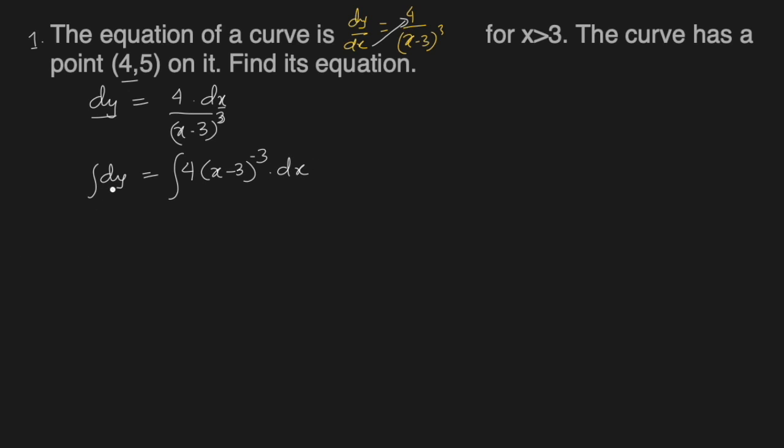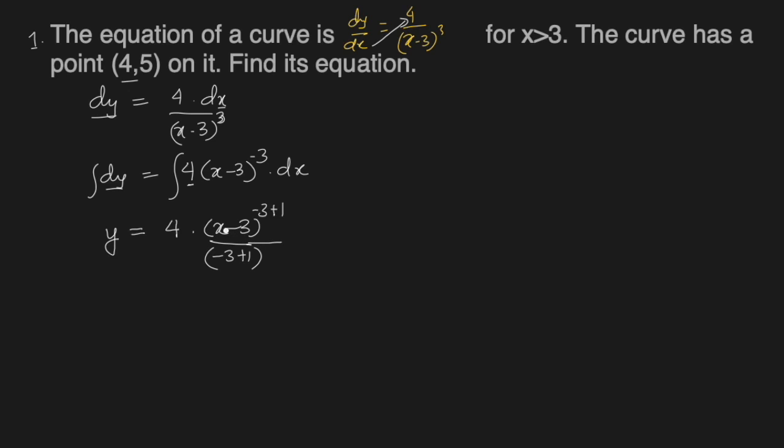Now integration of dy will be y, and on the right side 4 is a constant, don't touch it. This (x minus 3) to the power minus 3 will go up by 1, and we divide by the same, minus 3 plus 1, at the bottom.